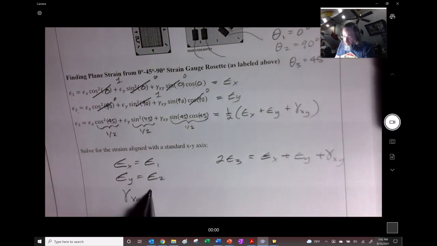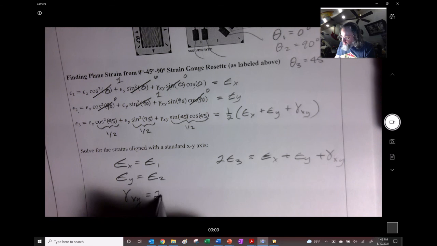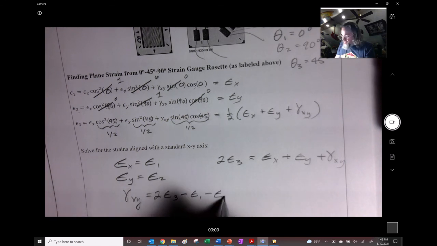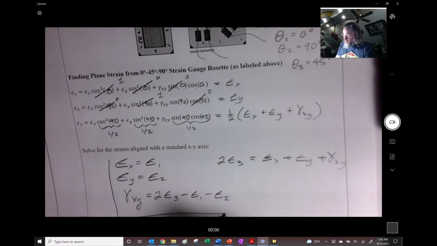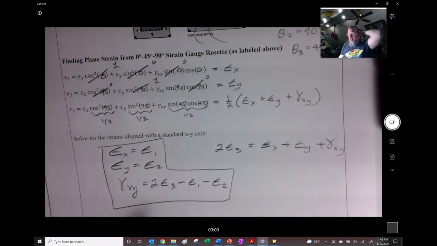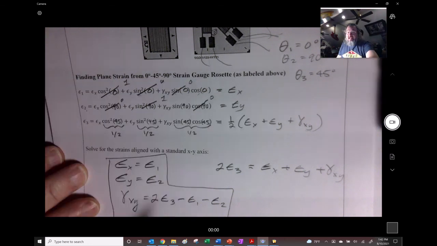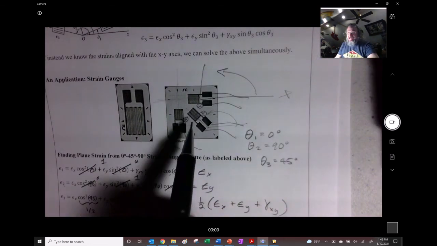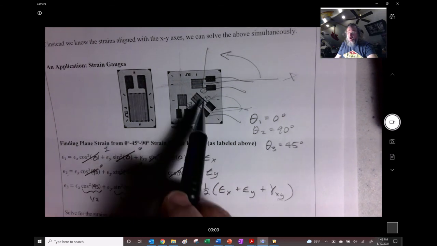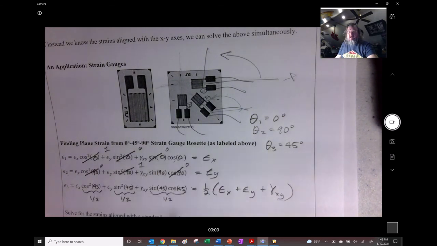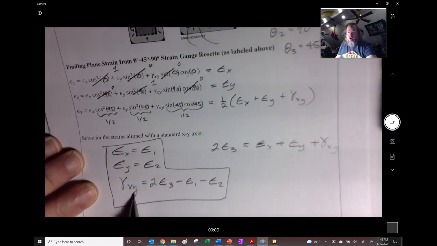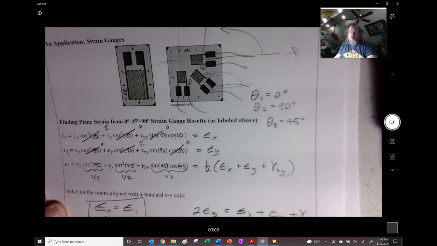Therefore, gamma xy is going to be 2 epsilon 3 minus epsilon 1 minus epsilon 2. So that's what we really wanted. The advantage of this rosette is that in this case we're just measuring x and y, but we're able to get what gamma xy is. We're able to get what the shear stress is in this configuration.